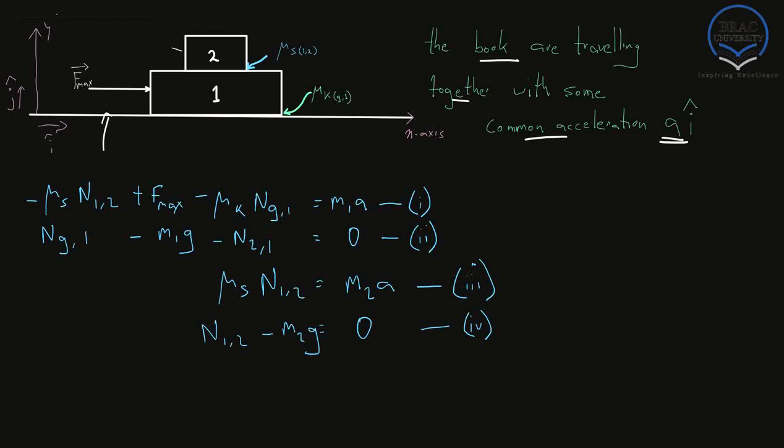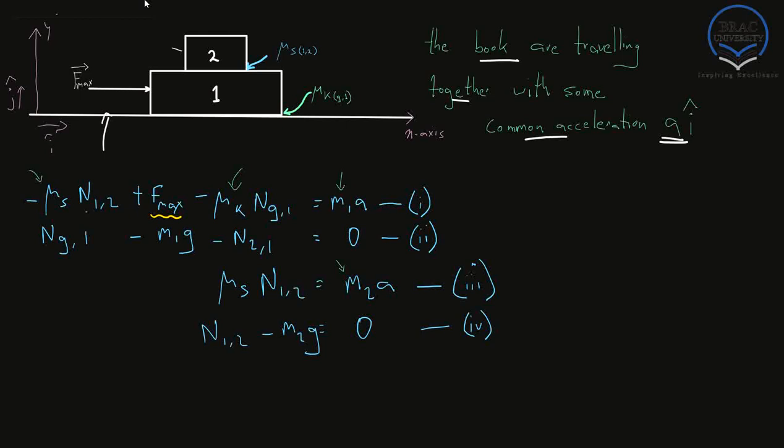What we want to do is solve them to find this F max. The known quantities in these equations are mu_s, mu_k, m1, and m2. What we don't know are, of course, F max.